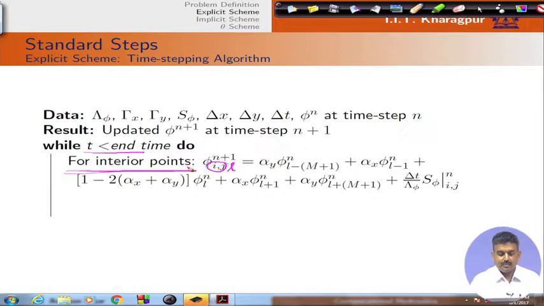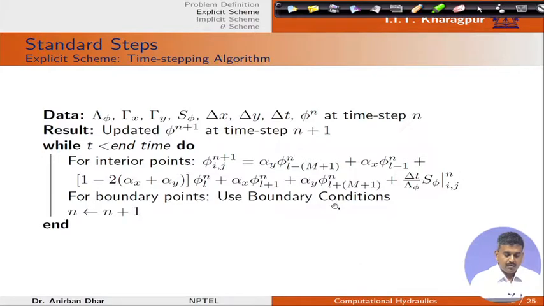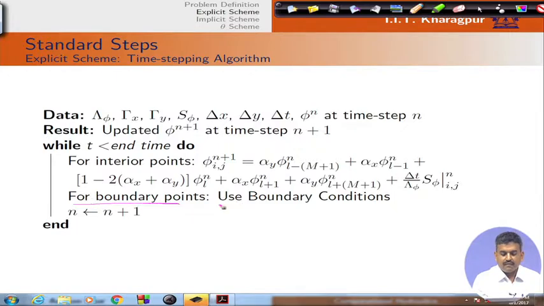For all interior points, we need to get the phi l n plus 1 level value with initial condition. Then we need to solve the boundary conditions at boundary value points, and then we need to update the time level to n plus 1 for calculation of the next time step or next time level value.